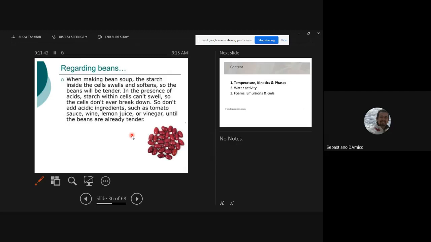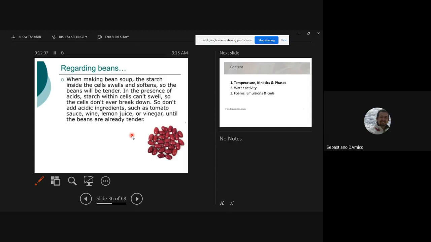So when making bean soup, the starch inside the cells swells and softens, so the beans will be tender. And we do have some tricks as well. I mean, when we prepare this, even adding baking soda to make them tender. So in presence of acid, starch within cells can swell, so the cells don't even break down.